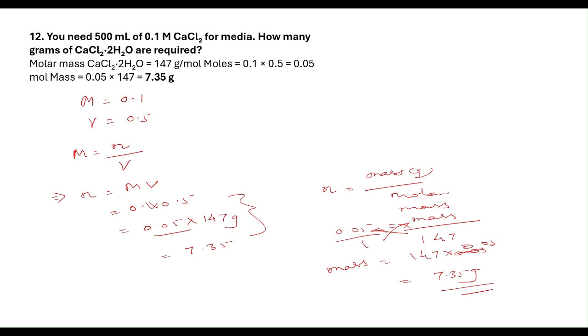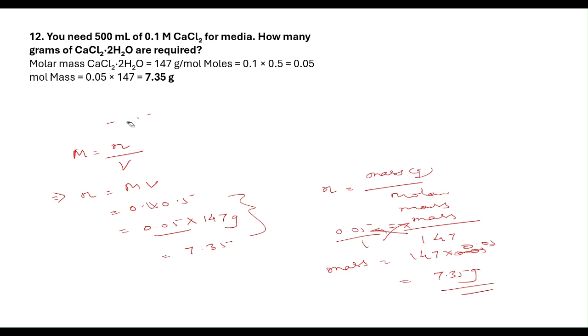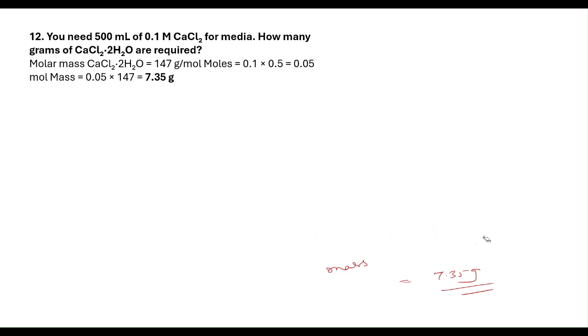Okay, and then I'll just summarize what we have learned so far. We have learned what is a mole. A mole is able to measure quantities which are very small in size, like atoms, molecules, electrons, ions.